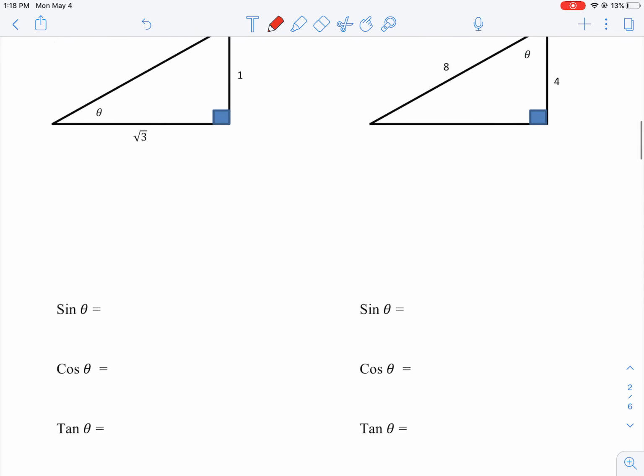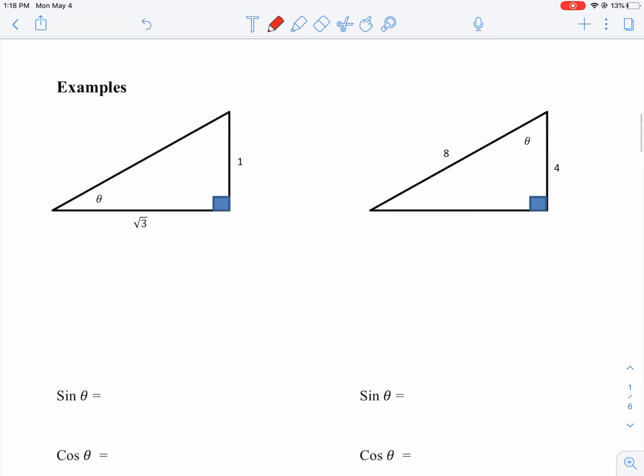Okay, so we take a look at this first picture. Now here's our angle in question. Okay, we don't know what it is, right, but we know how we could find it. Now, another issue is we don't know what that side is. So in order to find that, we're going to have to use Pythagorean theorem, which is going to be 1 squared plus the square root of 3 squared is equal to c squared.